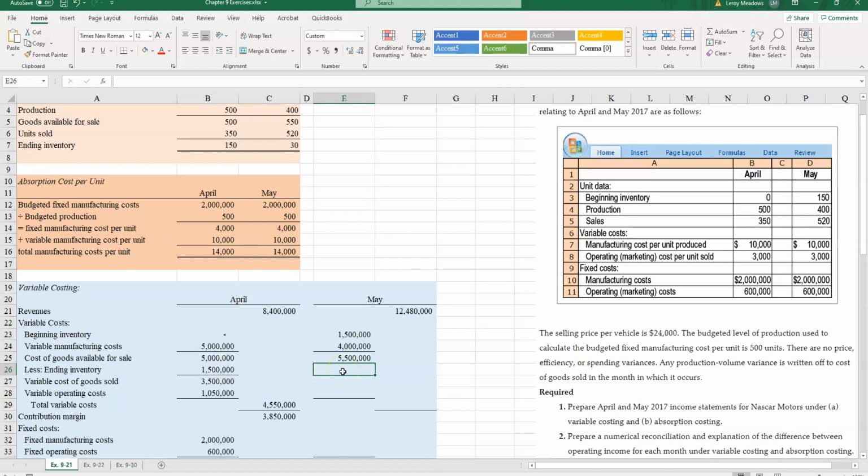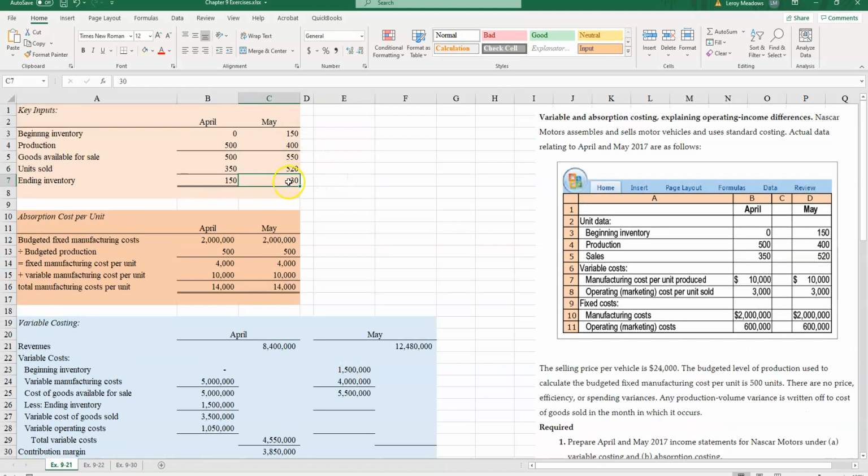Now, how much do I have in ending inventory? Well, I have an ending inventory of 30 units. We figured that up here for May. Ending inventory units 30, and then times $10,000 per unit. And that gives me how much?